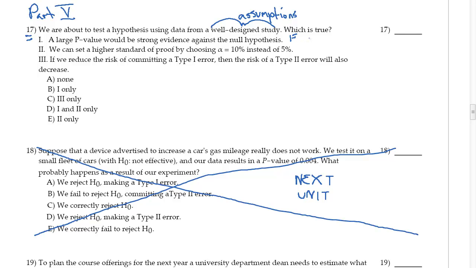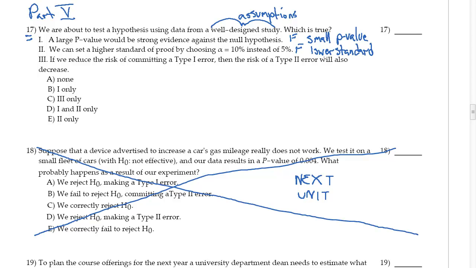You want a really small p-value to have strong evidence against the null hypothesis. We can set a higher standard of proof by choosing alpha at 10% instead of 5%. That is also false. That's a lower standard. It's actually easier to meet the 10% than it is to meet the 5%.